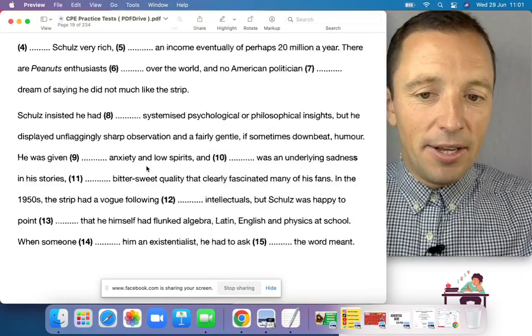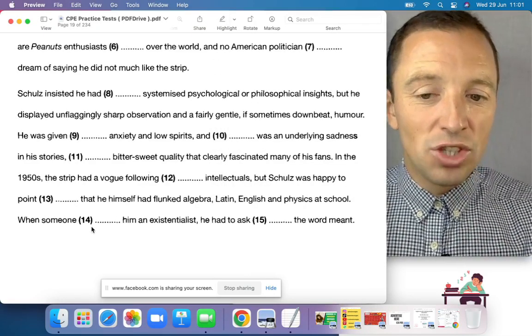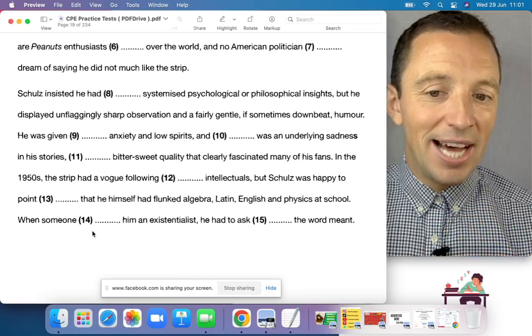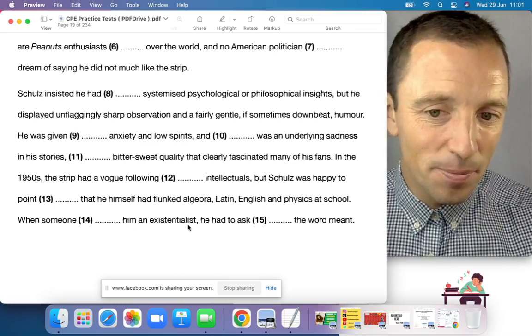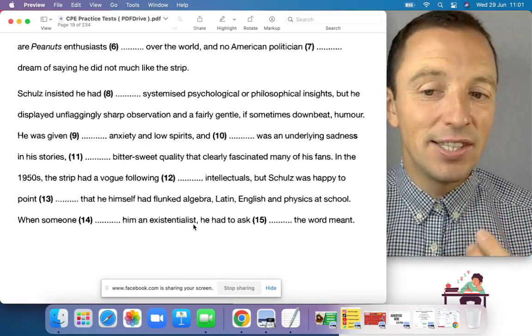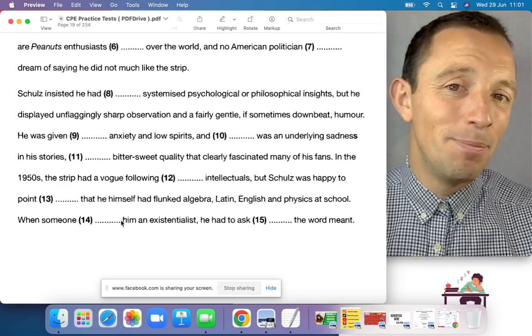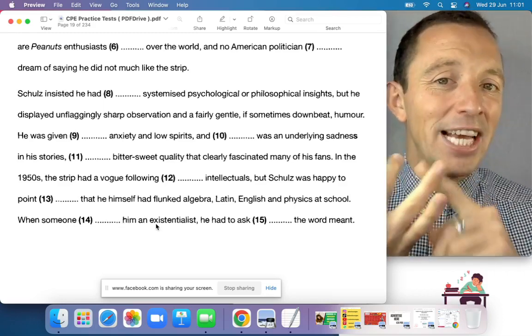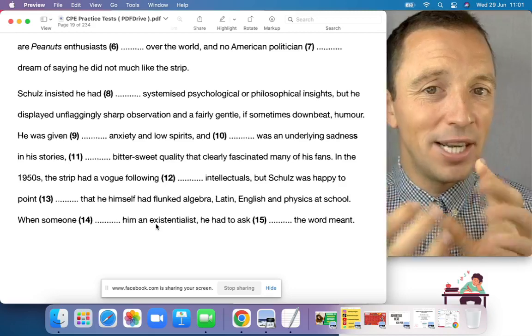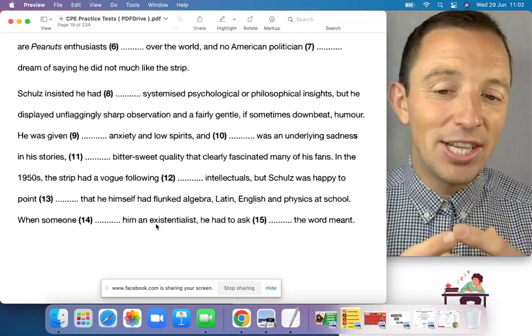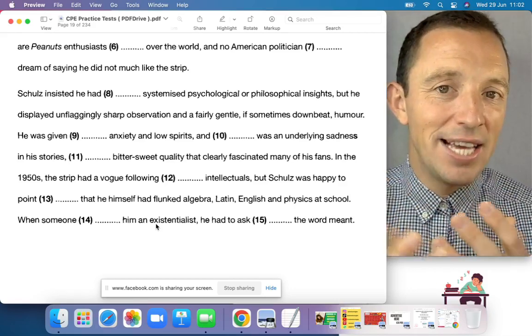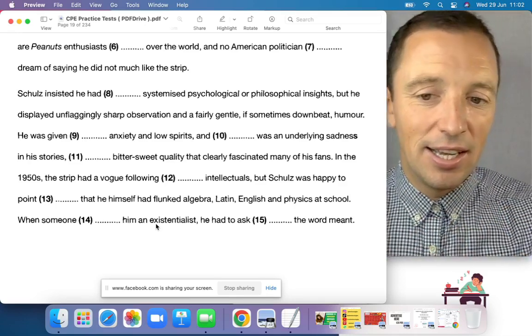And finally, 14 and 15, when someone, him, an existentialist, so this is a person, an existentialist, and somebody called him an existentialist or labeled him. So I think there's only two possibilities. You call somebody an existentialist, you say this person is an existentialist.